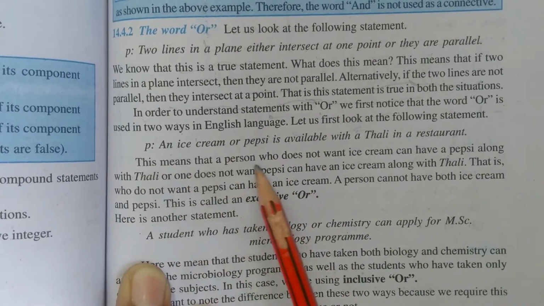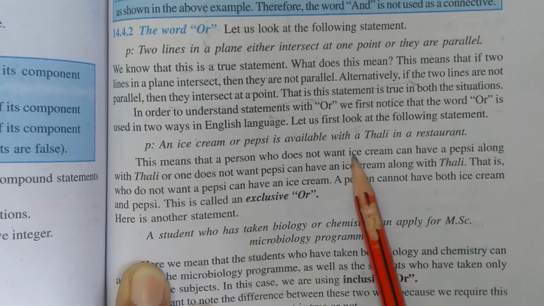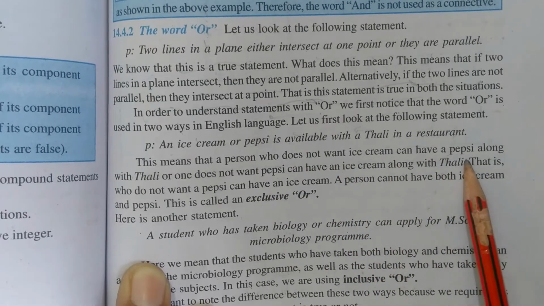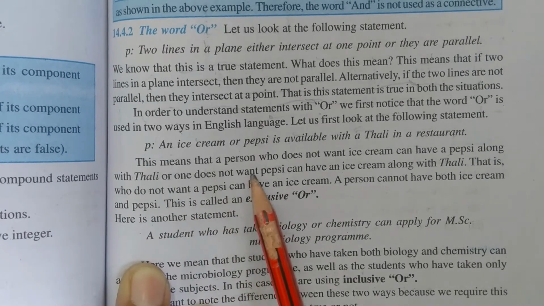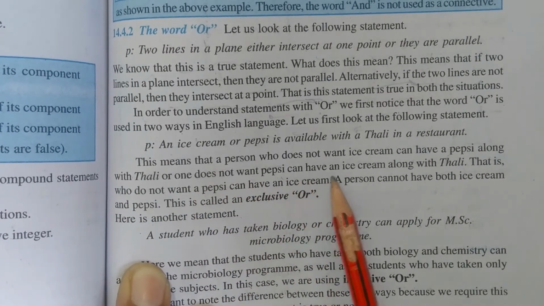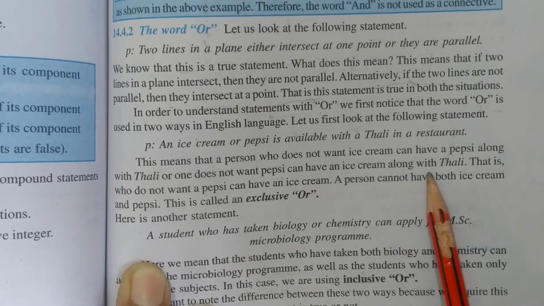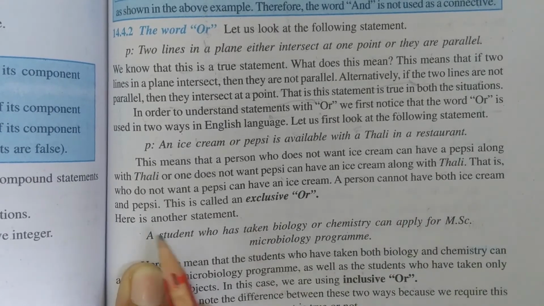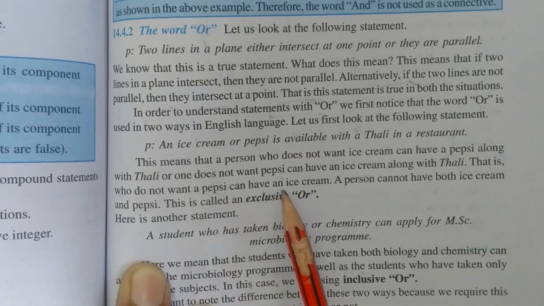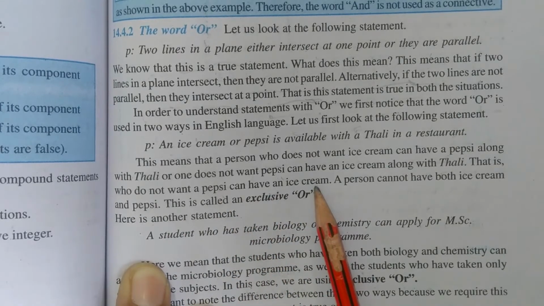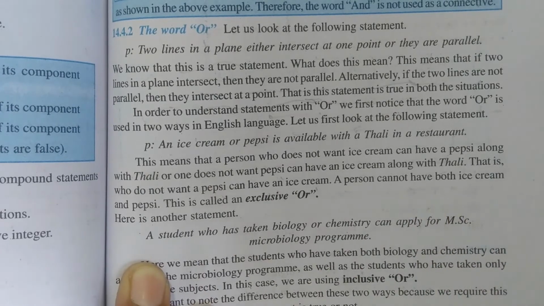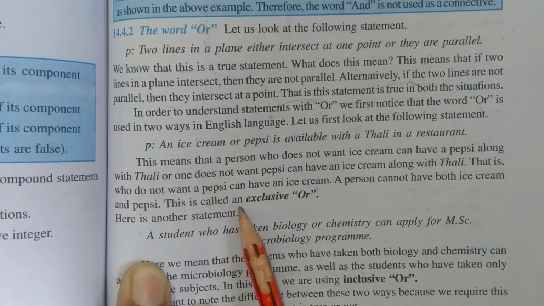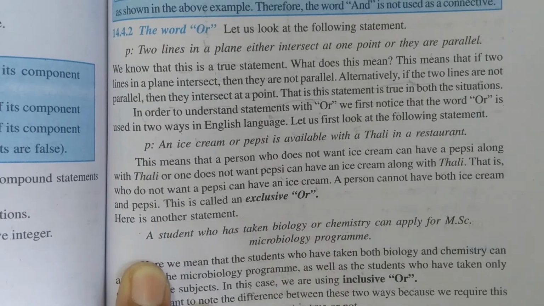This means that a person who does not want ice cream can have a Pepsi along with the thali, or one who does not want Pepsi can have an ice cream along with the thali. A person cannot have both ice cream and Pepsi. This is called an exclusive or.